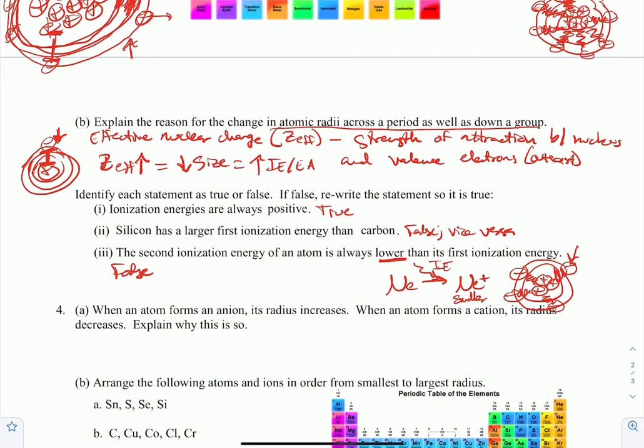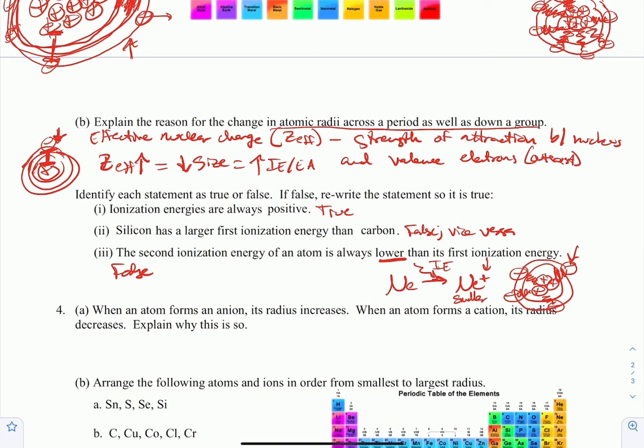It's because once you lose the first, you've now condensed your effective nuclear charge into fewer electrons, and so it's pulling things in tighter. When things are charged, like positive or negative, it's actually slightly destabilizing. Elements do not like to be charged. In fact, they'll try to be as neutral as possible.